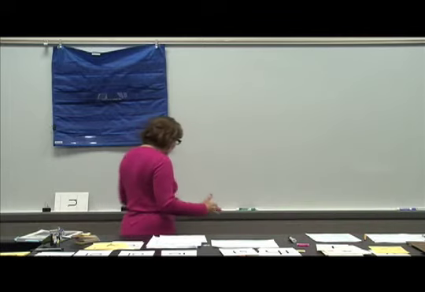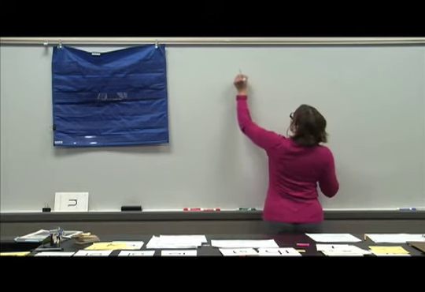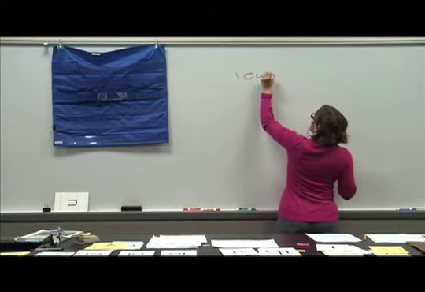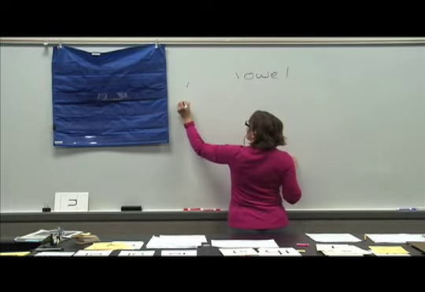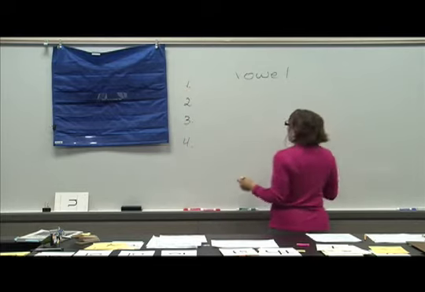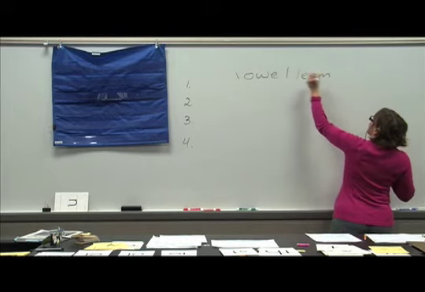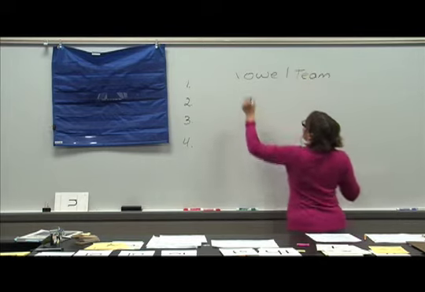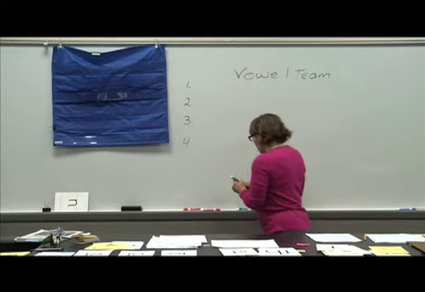I call them vowel teams. And we're going to list them for you. If you find it in your handout, it's really going to be as easy as 1, 2, 3, 4. So if you get that page out, I'm going to list them for you and give you some samples of those words that have vowel teams that live inside of them and show you how we mark them.